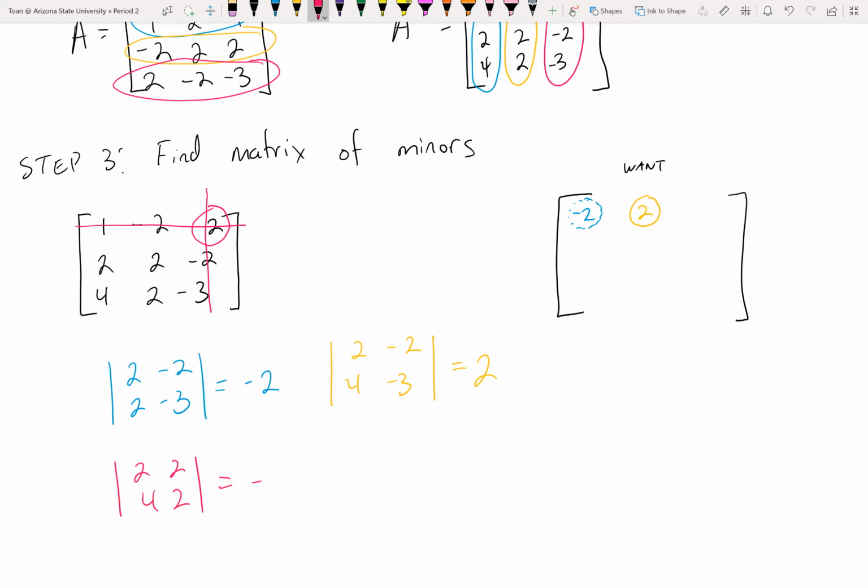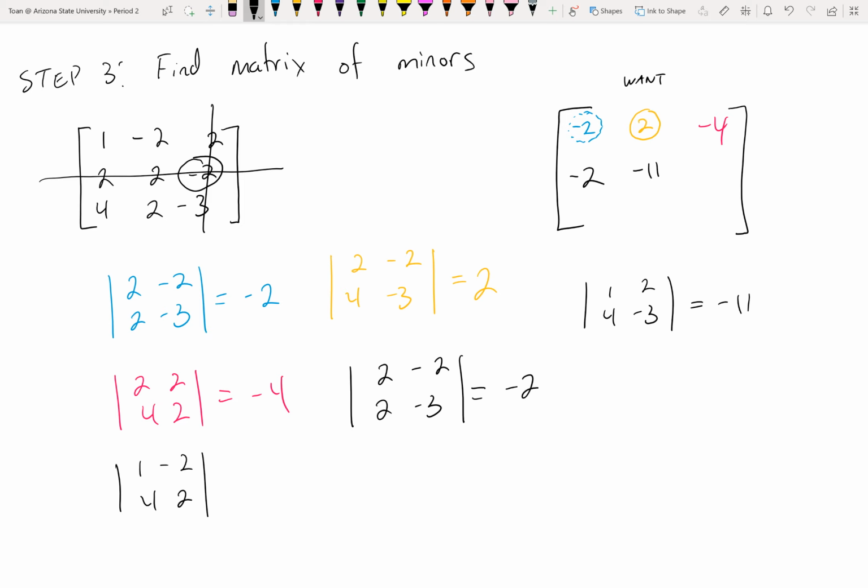We have 1, 2, 4, negative 3. So that's going to be a negative 3 minus an 8, which is a negative 11. For this position here, delete the row, delete the column. We have 1, negative 2, 4, and 2. So that's going to be a 2 minus a negative 8, which is a 10.